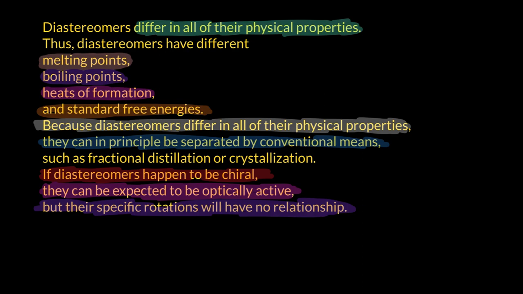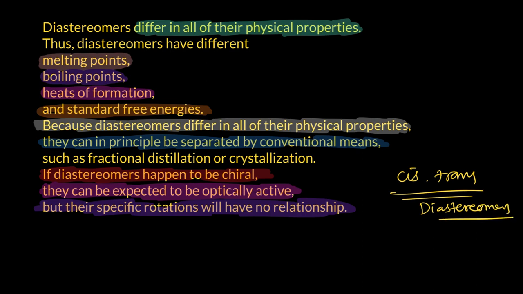Then you may get the question here: diastereomers happen to be chiral. So whatever we discussed, they are chiral, because some diastereomers are achiral also. For example, cis-trans configurations are also diastereomers. So they don't have optical activity. That's why this phrase is mentioned here: diastereomers happen to be chiral.